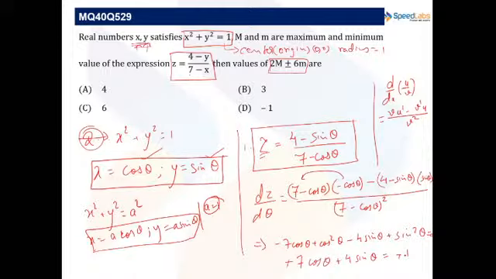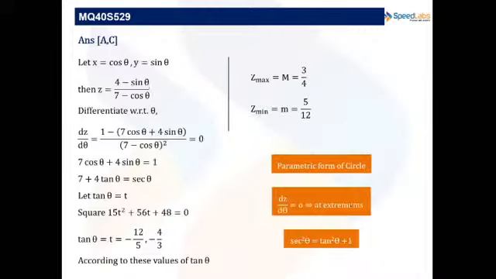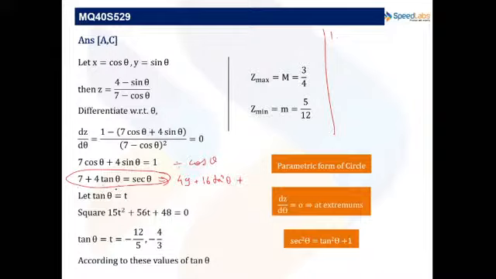Now we need to solve this equation to find the value of theta. What we can do is transform this whole equation in terms of tan theta. So divide it by cos theta, you will get 7 minus 4 tan theta equals to sec theta, and on squaring it will be 49 plus 16 tan square theta minus 56 tan theta equals to sec square theta.